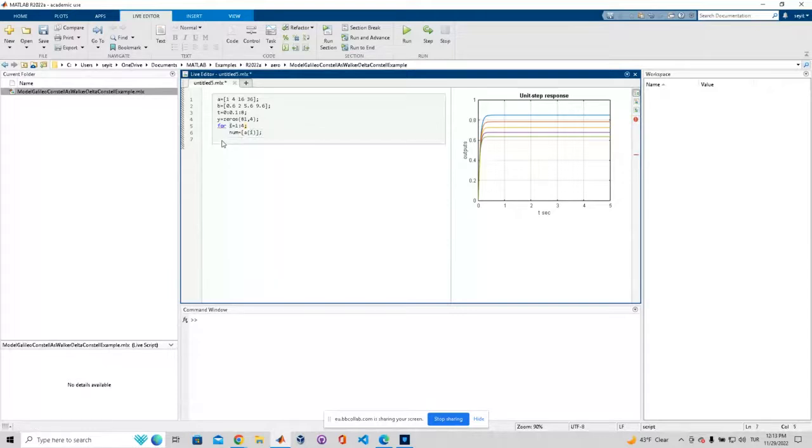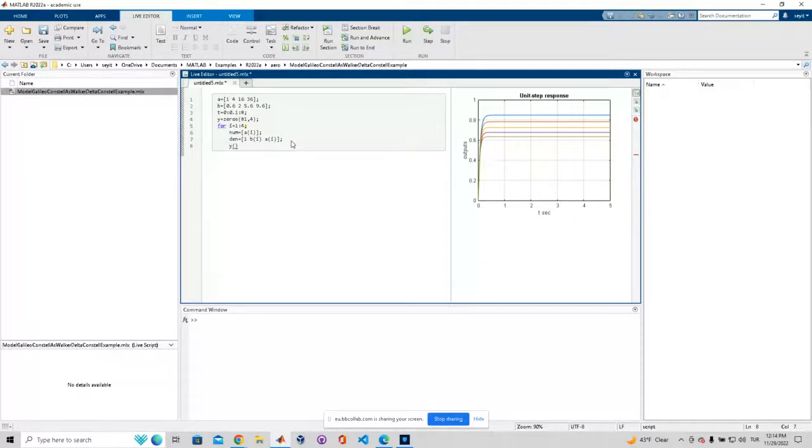So the same with your denominator. Denominator will be a(I) and a(I). Forget the parentheses here. So now it's okay. Your numerator and denominator, we define it.